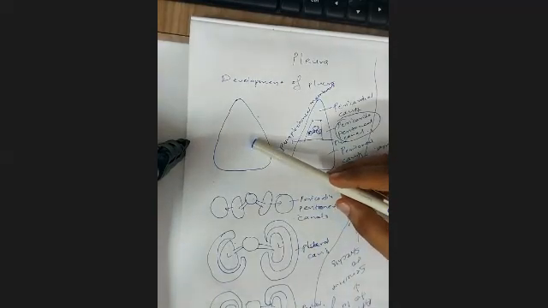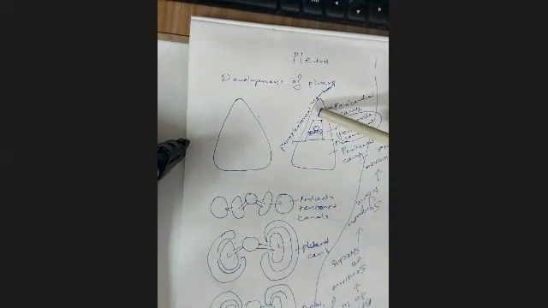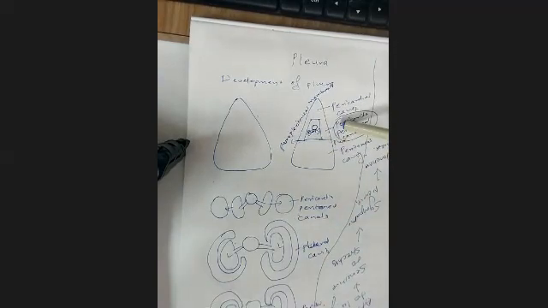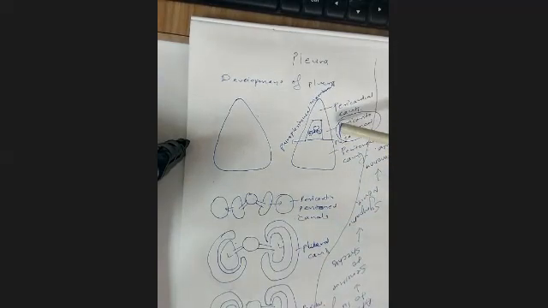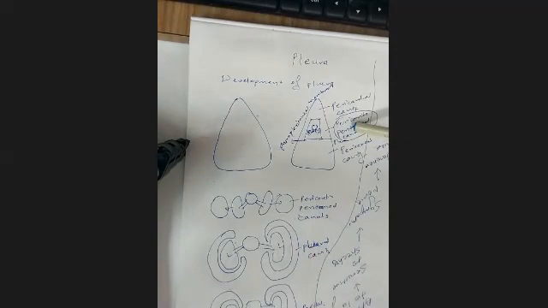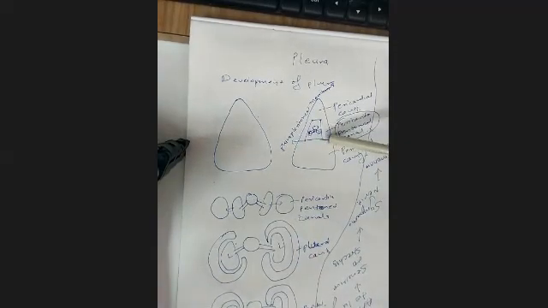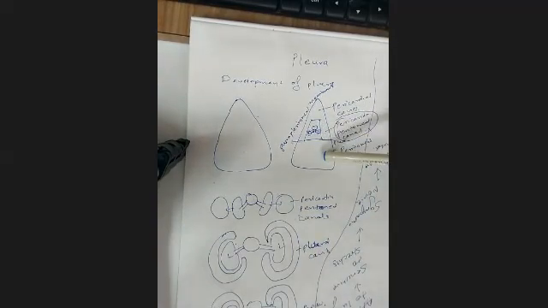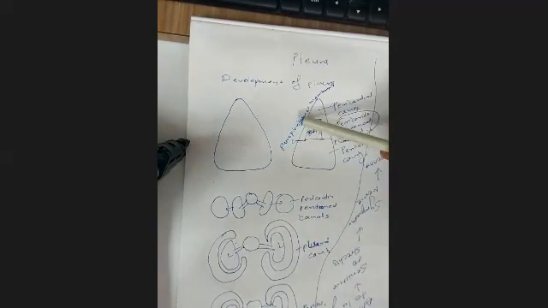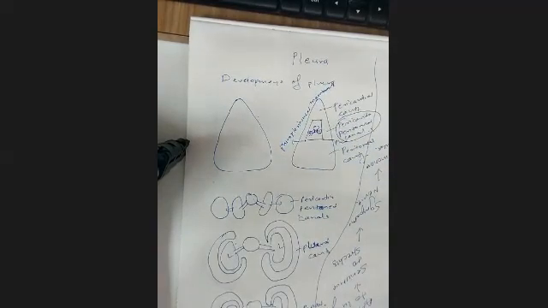This intra-embryonic coelom gets divided into pericardial cavity, peritoneal cavity, and pericardio-peritoneal canals. It is from these pericardio-peritoneal canals that the pleura develops. And here a pleuroperitoneal membrane develops, which cuts off the pleural cavity from the peritoneal cavity, and therefore these pleuroperitoneal membranes contribute to formation of the diaphragm.